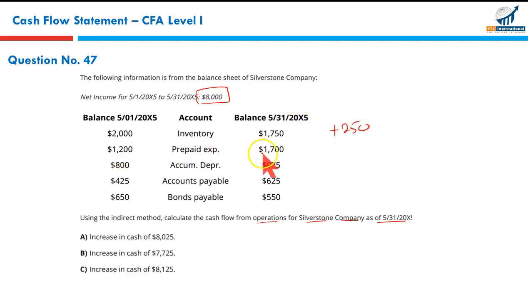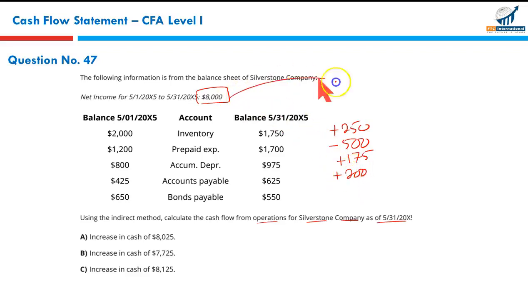Your prepaid expenses have increased, it would have resulted in an outflow. Accumulated depreciation, the difference indicates it's the depreciation charge over the period, 175. Depreciation is added back. Accounts payable has gone up over the period by 200. We have delayed making the payment, effectively representing an inflow.